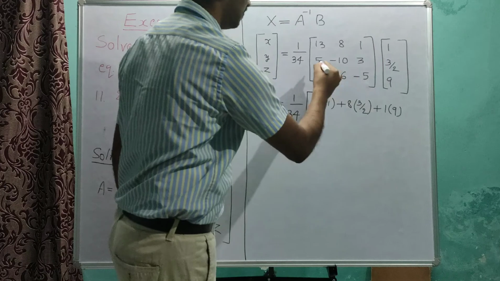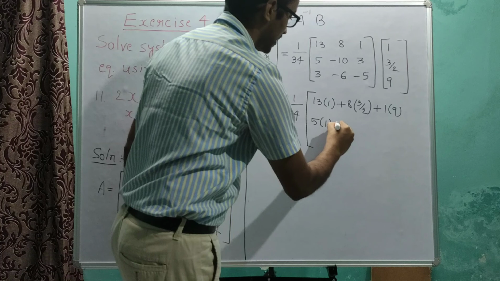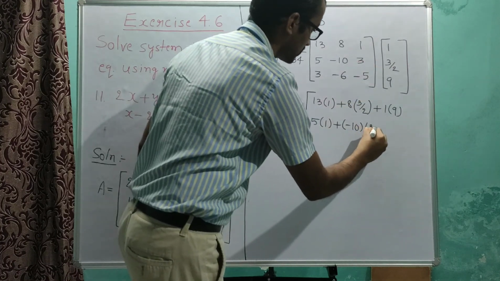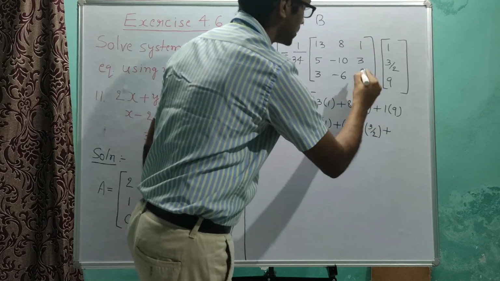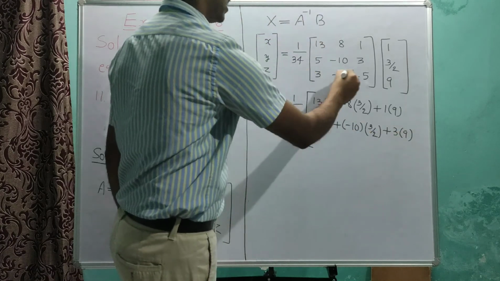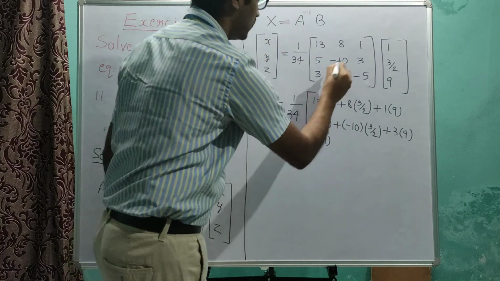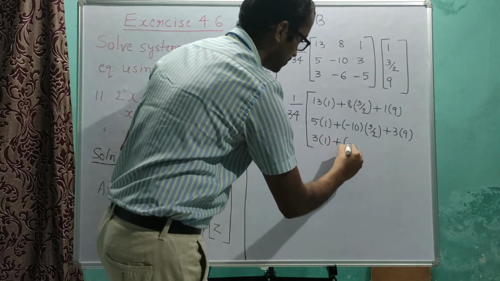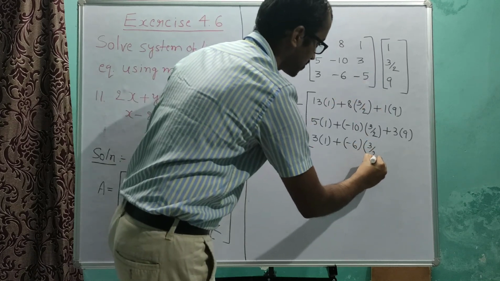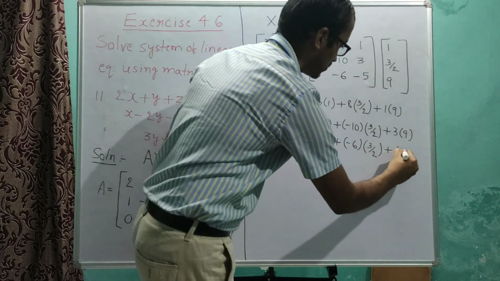Again the second row with the first column, that is 5 into 1 plus minus 10 into 3 by 2 plus 3 into 9. Again the third row with the first column, 3 into 1 plus minus 6 into 3 by 2 plus minus 5 into 9.